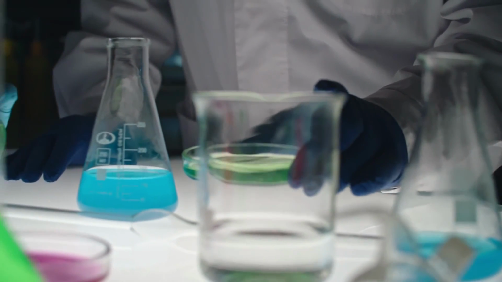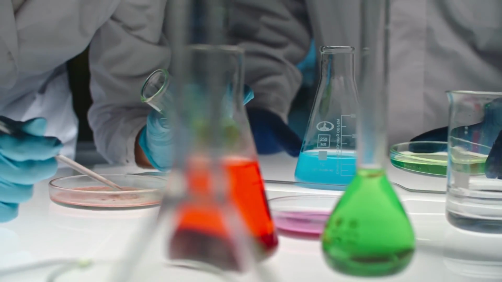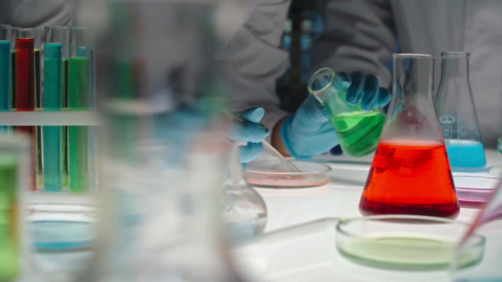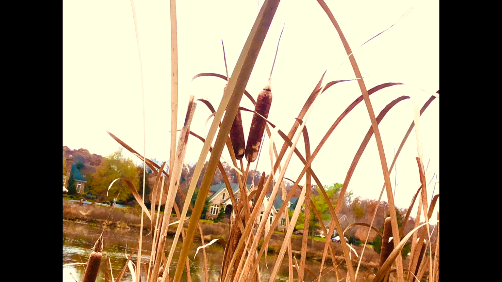Previous laboratory research has found that pH does not appear to have an effect on cattail germination and growth, with cattails showing tolerance for a broad range of pH conditions, as acidic as 4 moles per liter and as basic as 12 moles per liter.